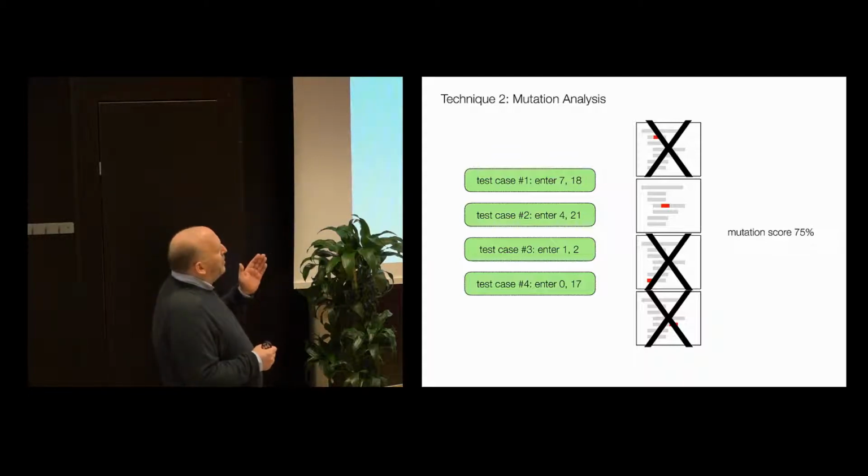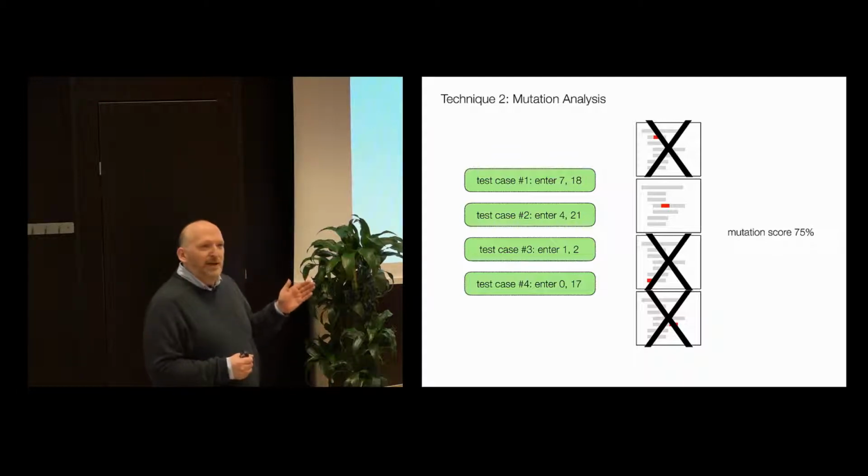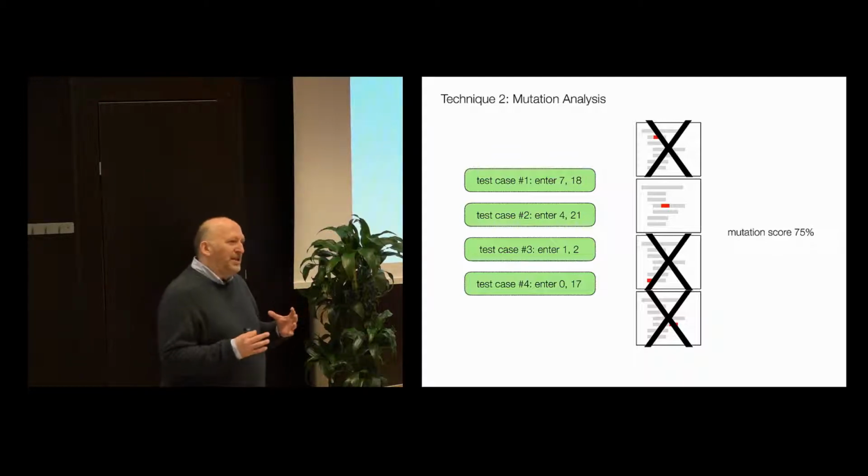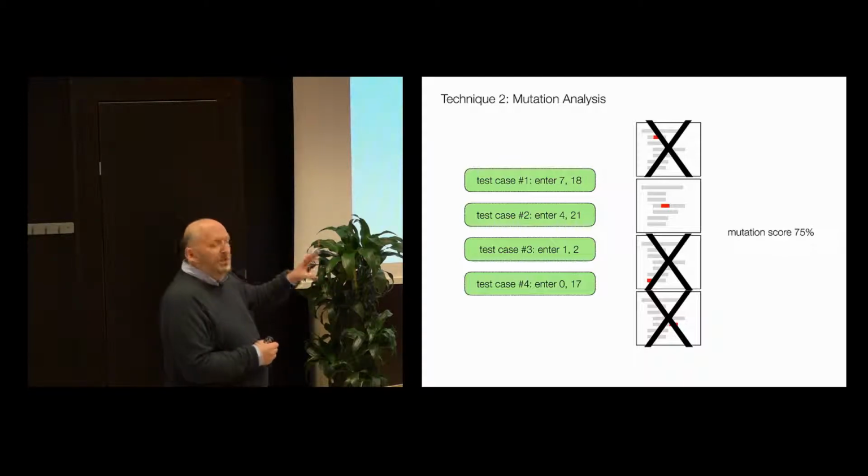The argument that people who use mutation analysis would make is that there's a lot of research which says coverage isn't always great at predicting the faults you will find. But because of this coupling effect between small simple faults and real-life faults, mutation score is a better indicator of how many bugs you will find in real life.